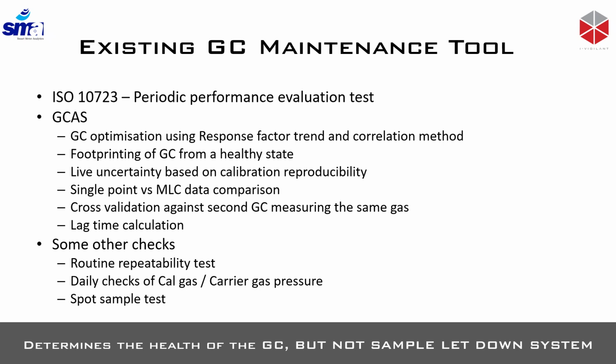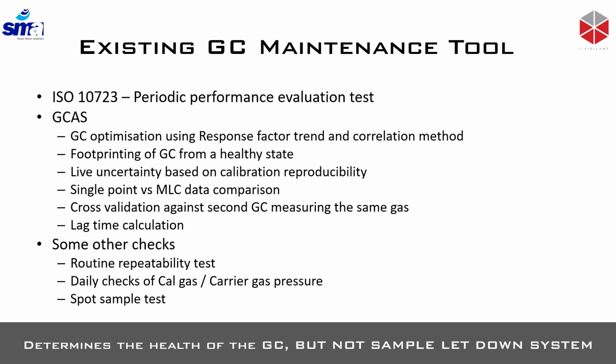People also do spot sample tests, which is basically taking the gas composition from the line and sending it to a lab to be compared against the GC at a later date. Most of this determines the health of the GC.